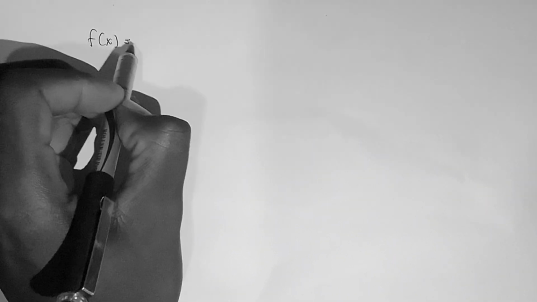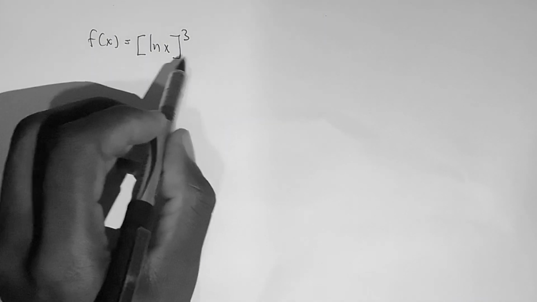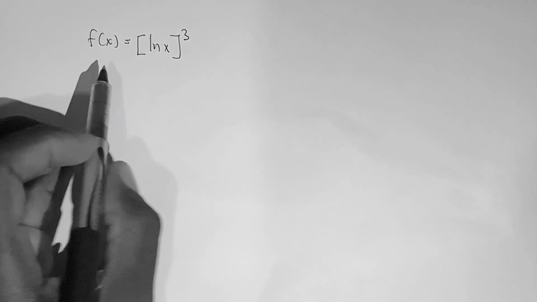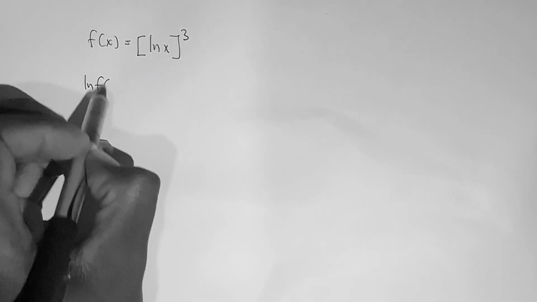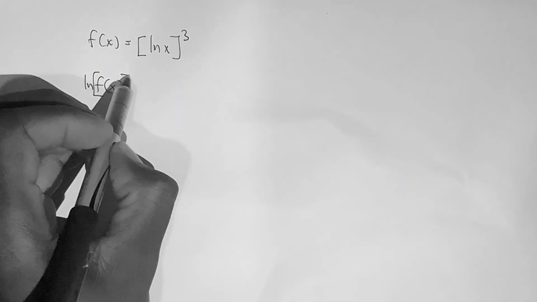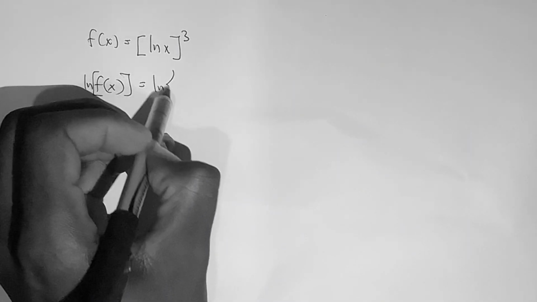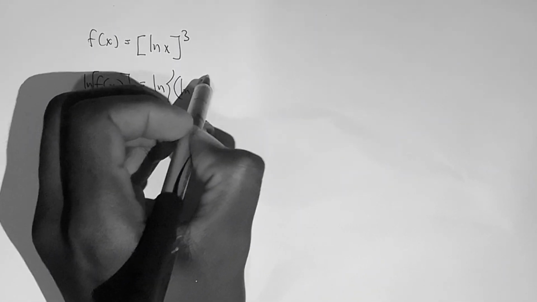If f of x is equal to ln of, in brackets, ln x exponent 3, then what is f prime of x? So what we need to do in this case is to take the ln of both sides. So this becomes ln f of x equals ln of ln x all exponent 3.